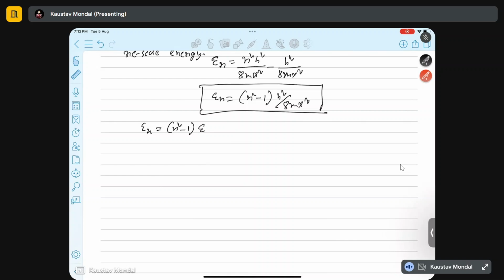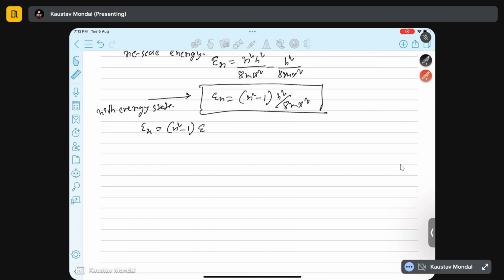So this is the nth energy state after doing the rescale version. Now we have the energy states.